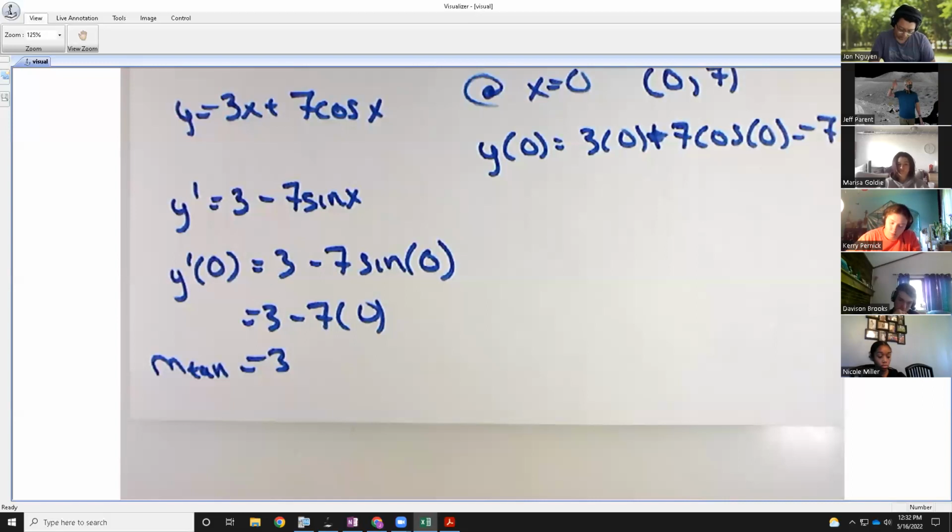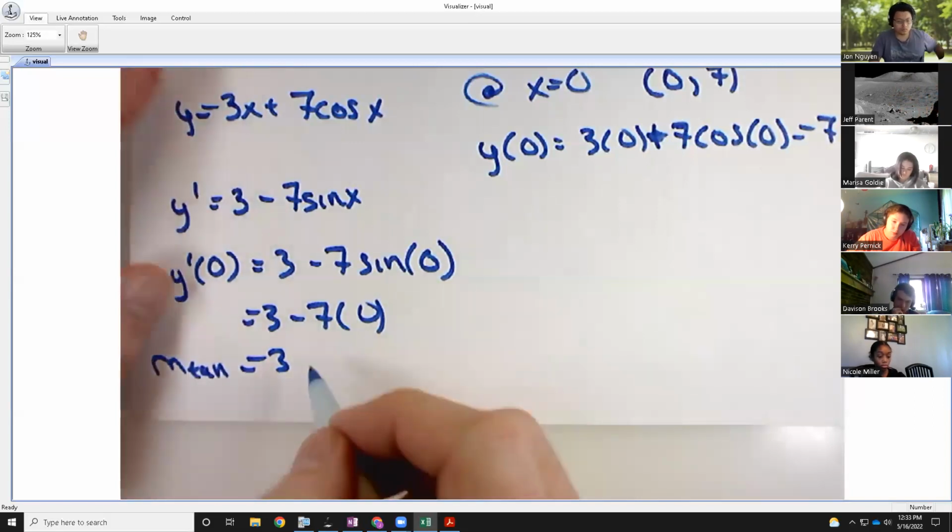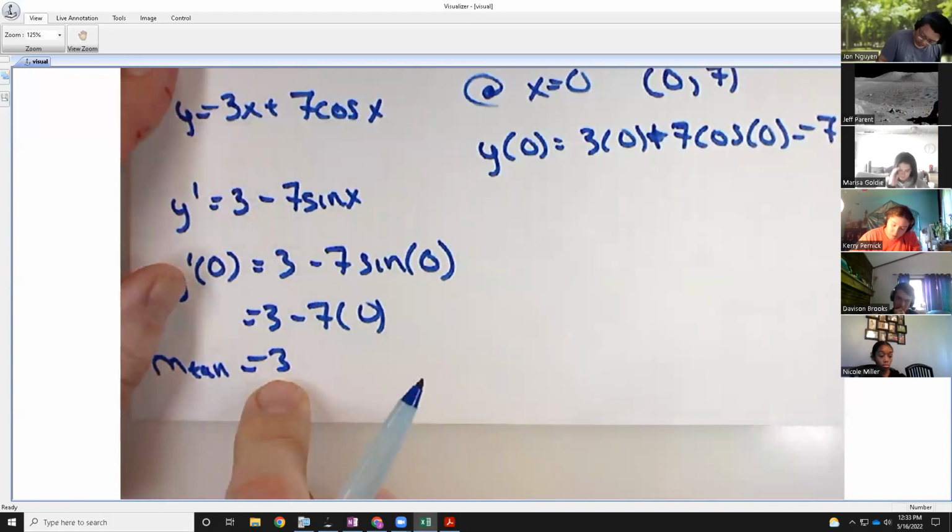So is the function increasing or decreasing at that point? If I was to actually look at the graph of 3x plus 7 cosine of x, would the function be increasing or decreasing? Be increasing because the derivative is positive, right? And where the function is increasing, you're going to have a positive slope to the tangent line.